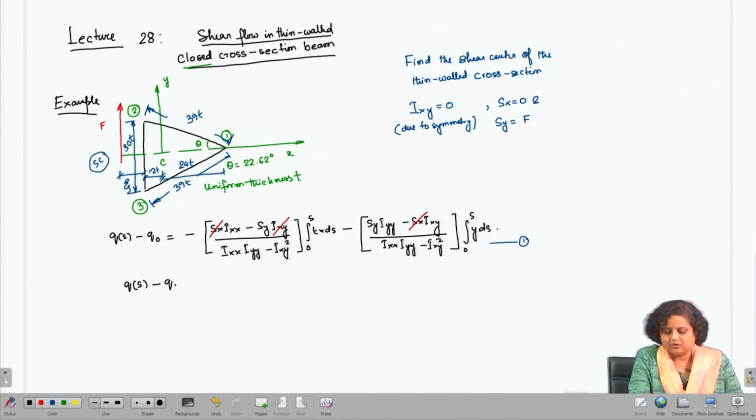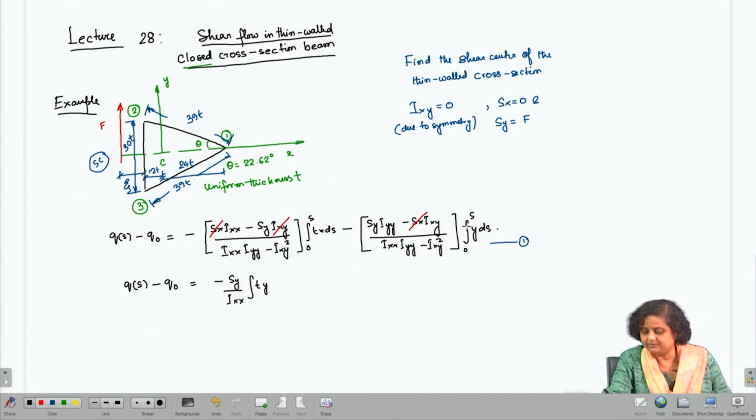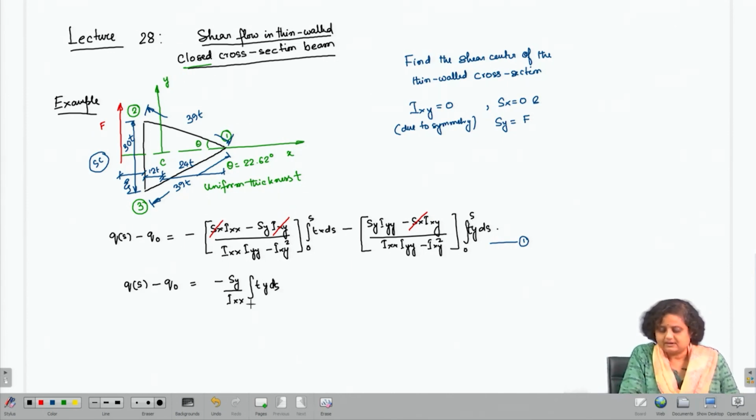minus Q 0 is going to be minus S y by I x x into t y d s, sorry I missed the t here, with s varying from 0 to s.